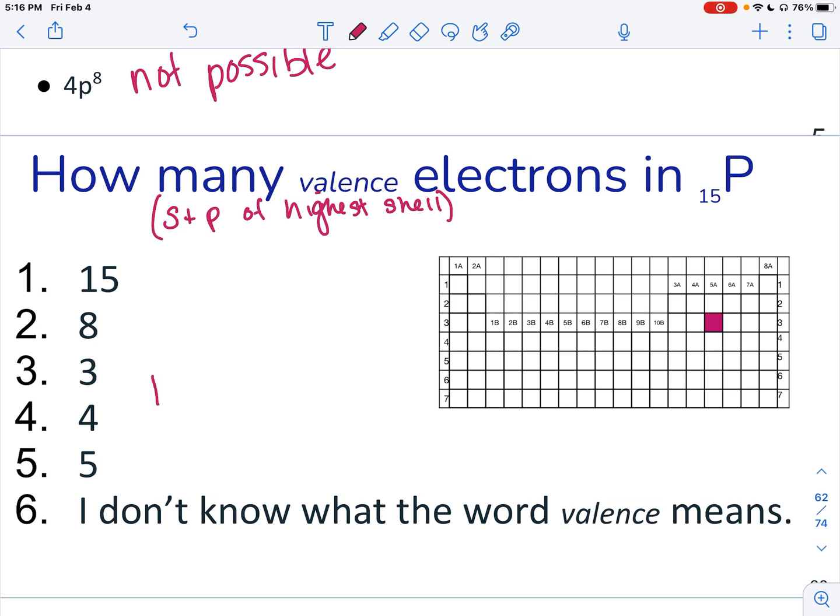So if you write the electron configuration for phosphorus, our highest shell is the third shell. The S and P of the third shell have 5. You also know that because it's in group 5A, but we're learning electron configurations here.